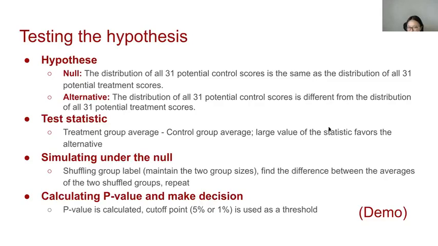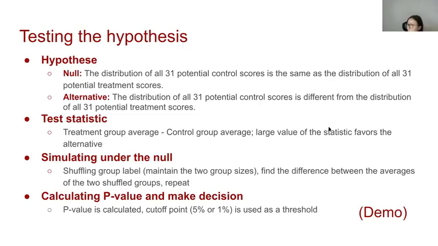Alrighty, and then the third step, which we're going to see how to do in the demo in a second: simulating under the null. This is going to be very similar to the previous ones that we did. We're shuffling the group labels, so we maintain the two group sizes, and then find the difference between the averages of the two shuffled groups. Then we repeat that a large number of times.